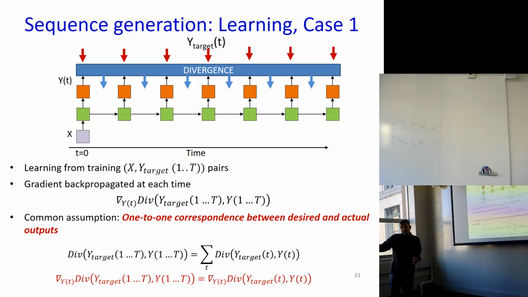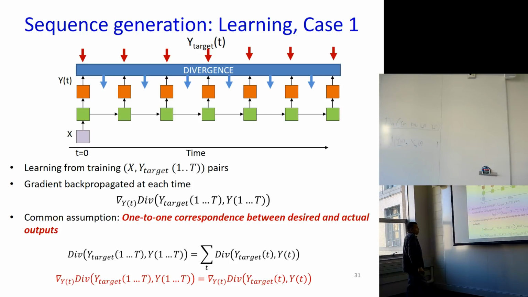So I'm going to assume that the actual recurrent network itself produces outputs for that length. And now I can compute my loss as the divergence between the target output sequence and the actual sequence that I've generated, and compute my gradients as before.